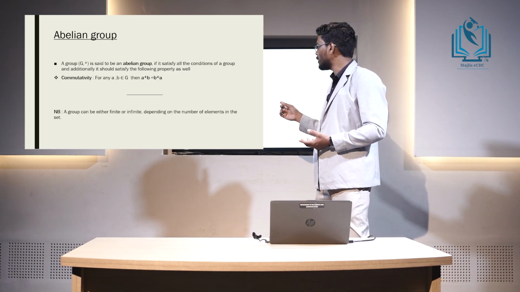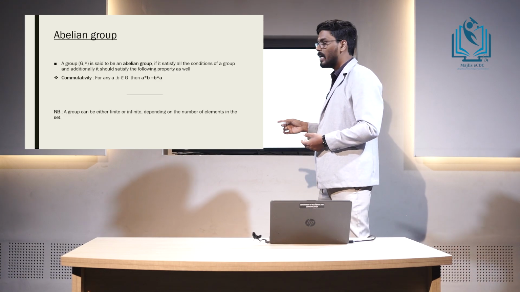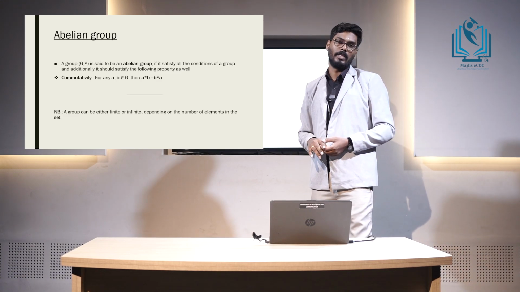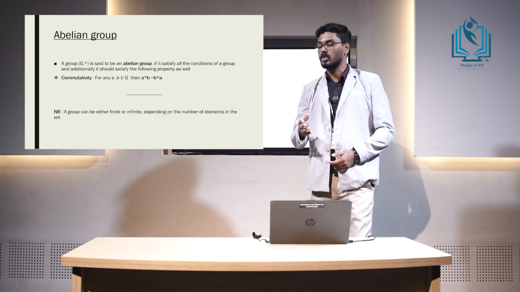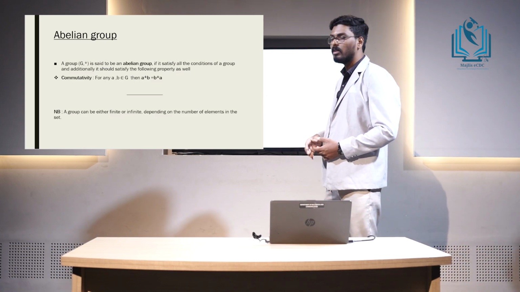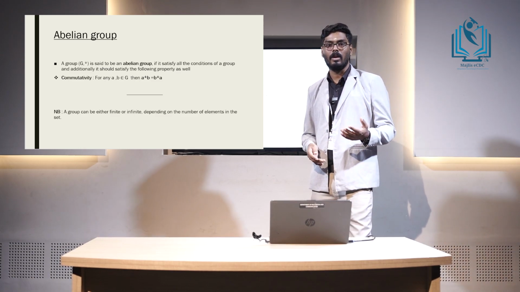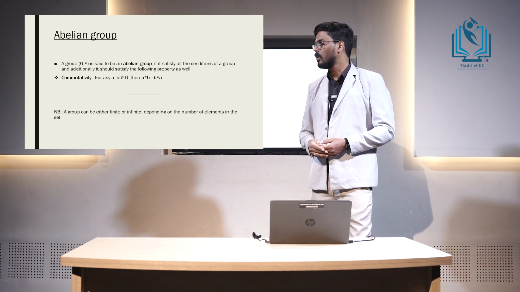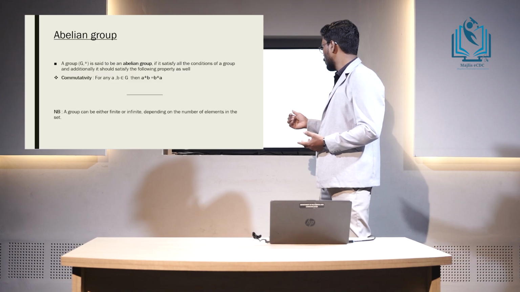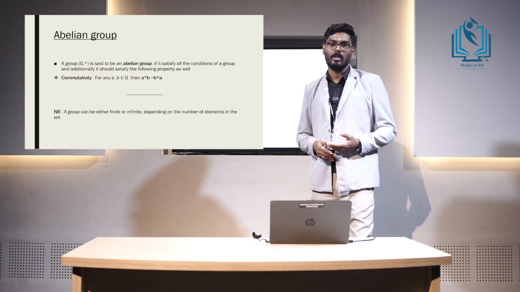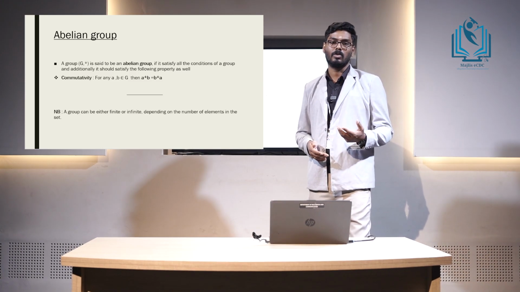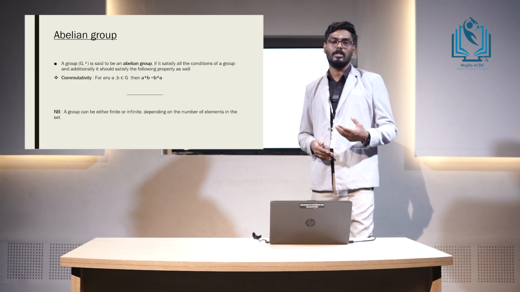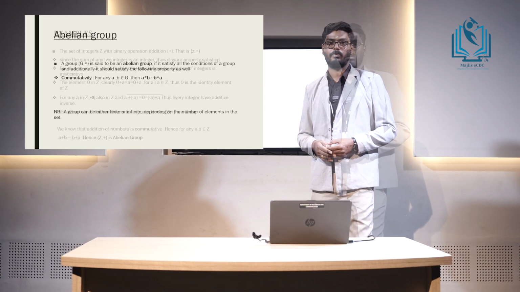For any two elements A, B from G, A star B must be equal to B star A. Also note that a group can be either finite or infinite, depending on the number of elements in that set. If the set has infinite elements, then it is called an infinite group. Otherwise, it is called a finite group.